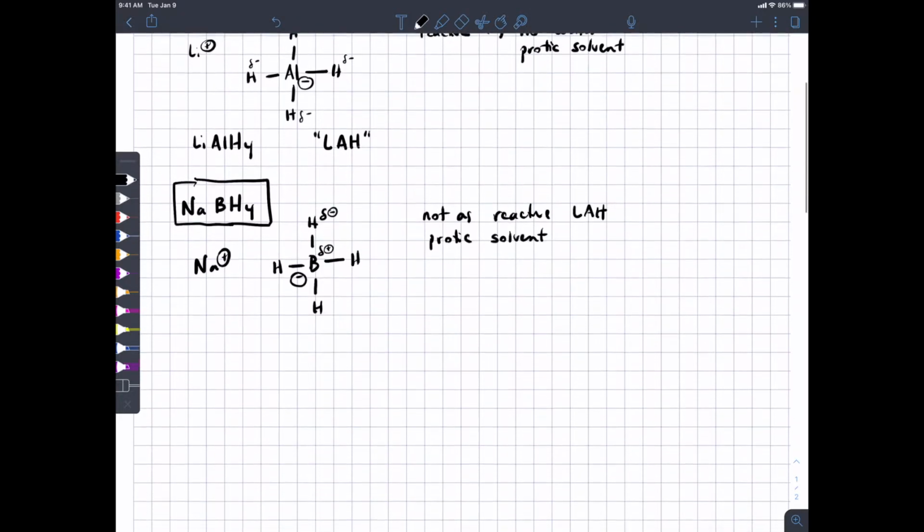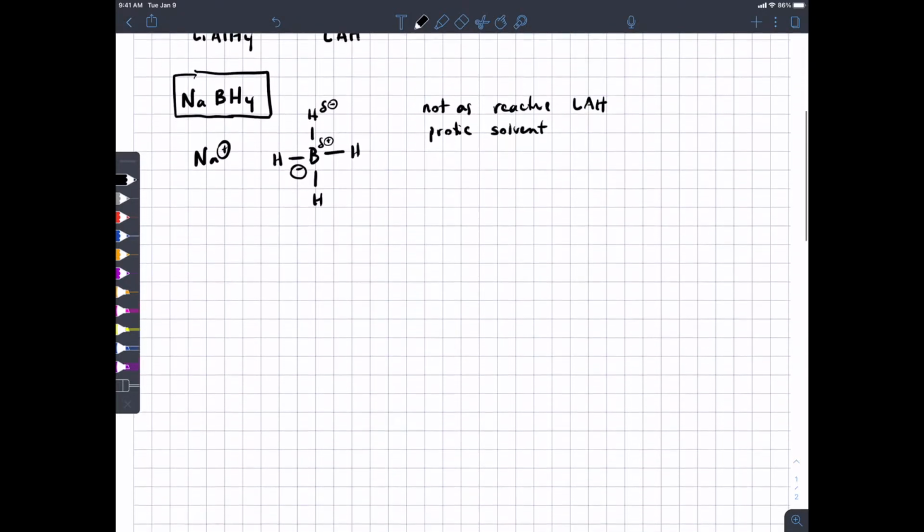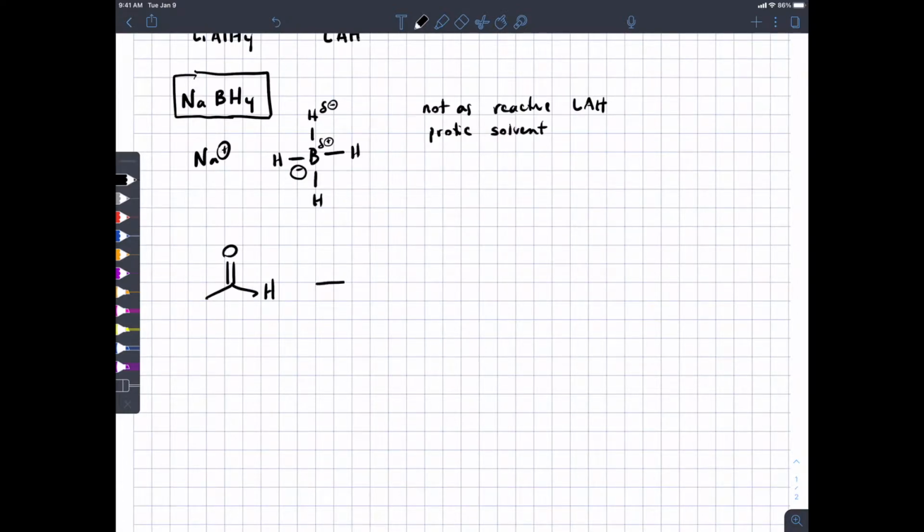So what happens when you expose a ketone or an aldehyde to, let's say, sodium borohydride? And the way you're going to push arrows for that kind of situation is as follows. For the most part, sodium is the counter ion, which we will ignore.